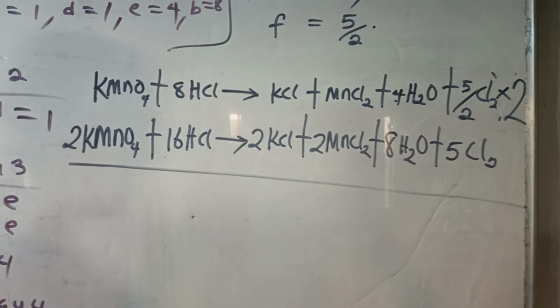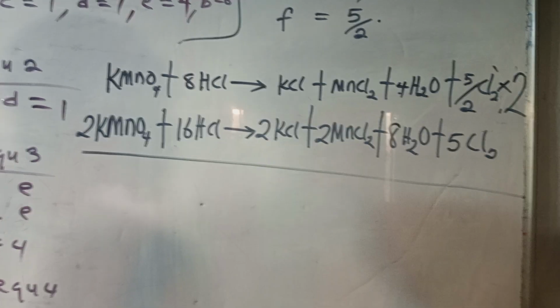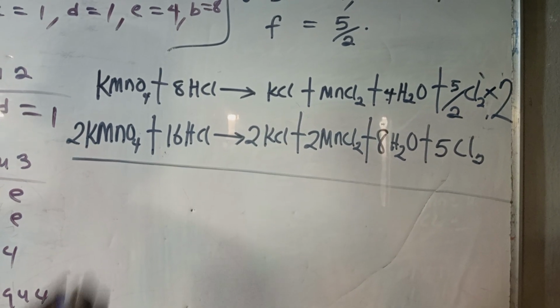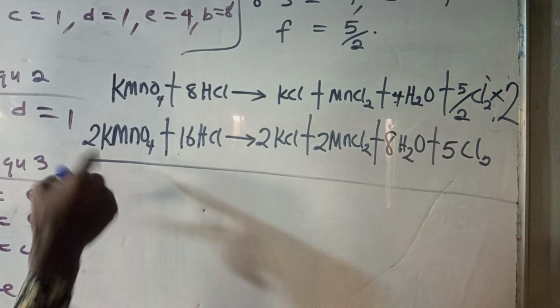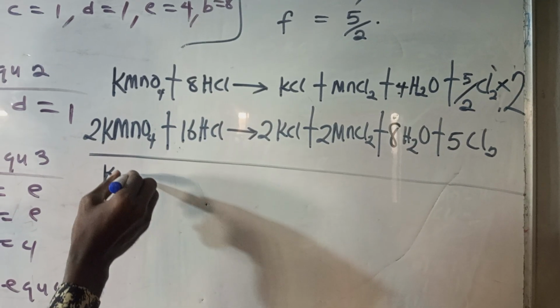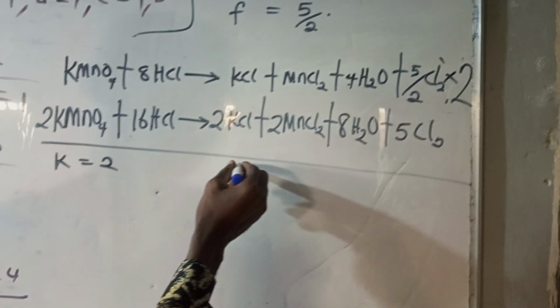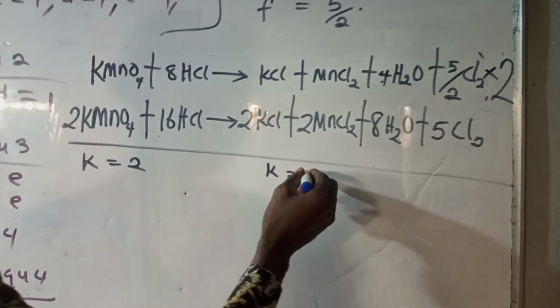Now let's cross-check if this equation is truly balanced by taking a look at the number of atoms on both the reactant and product side. For potassium, I have 2 on the reactant side, and on the product side, potassium is equal to 2.